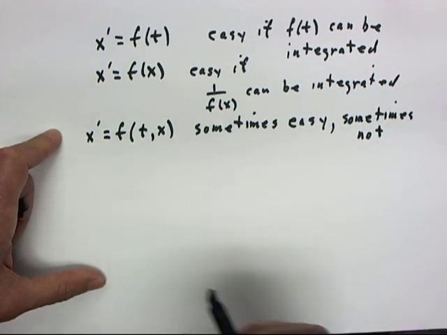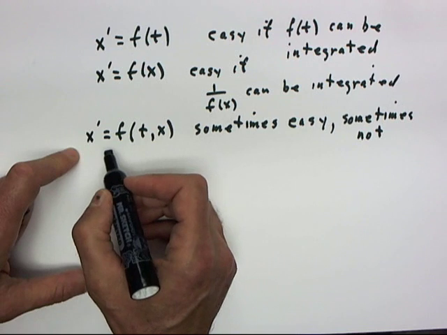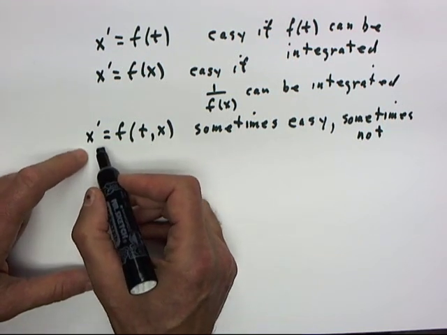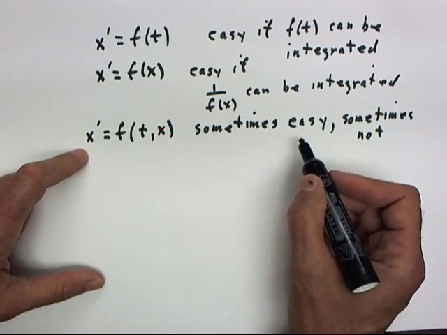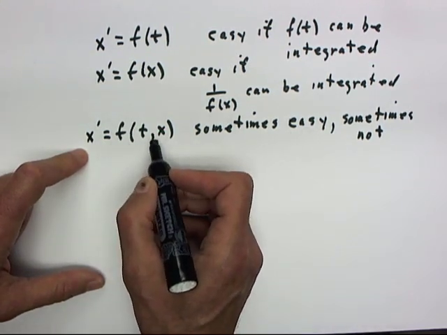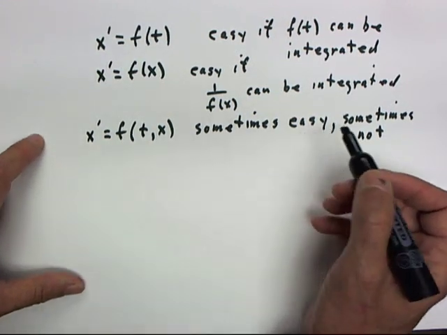We'll just say sometimes not. We're going to spend a lot of time in chapter 2 of your text learning to solve some of the equations of this form that are relatively easy to trick into solutions.